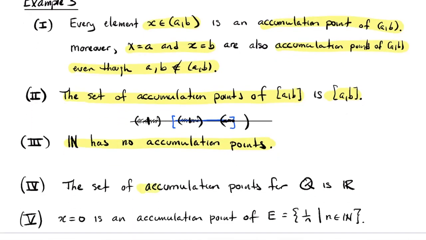The accumulation points for the rational numbers is the entire set of real numbers. Every real number is an accumulation point for the rationals. That again is basically a statement about the density of Q in R. You pick a real number, you draw an open interval around that real number, it's got infinitely many rational numbers in it. Right? So every real number is an accumulation point for the set of rational numbers.